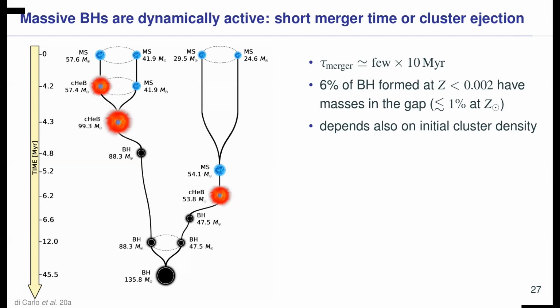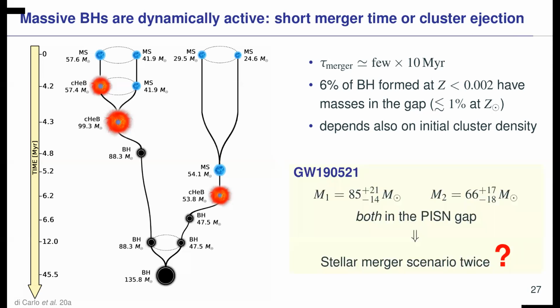And if it happens in nature, we should be able to find the clusters where the black holes formed, because in 10 mega years, there will still be lots of stars around that were lower mass and didn't form black holes. And if you want this to work for the most massive gravitational wave event detected so far, you actually need this weird merger process to happen twice, because both black holes are solidly in the pair instability mass gap.